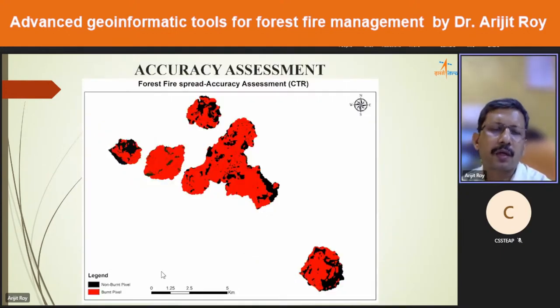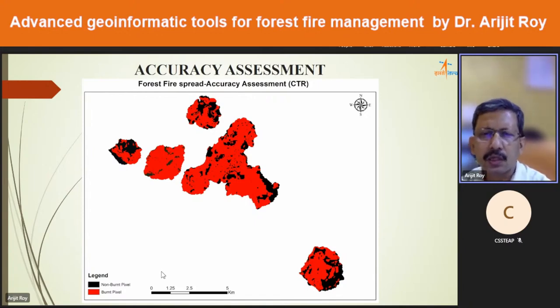And we assessed it with the actual burnt scar using high resolution satellite data of Sentinel-2. So what you see is, the black ones are the areas which have been simulated as areas where the fire will spread, but it has not spread to those areas. Whereas the red one is the actual burnt areas of the pixel.